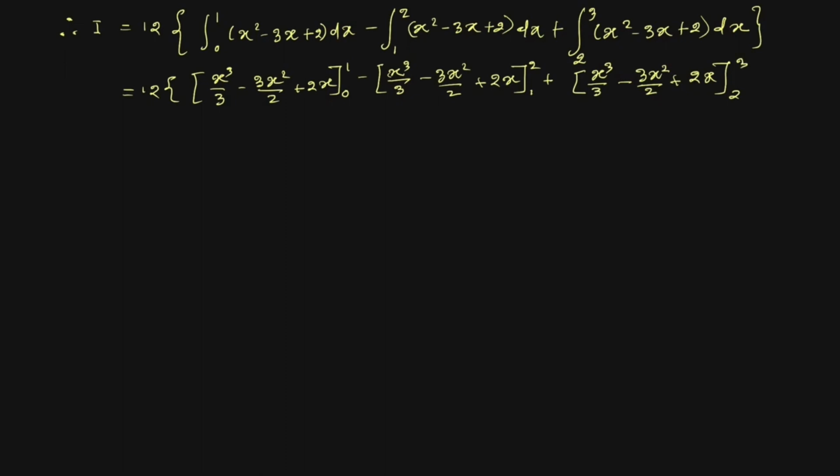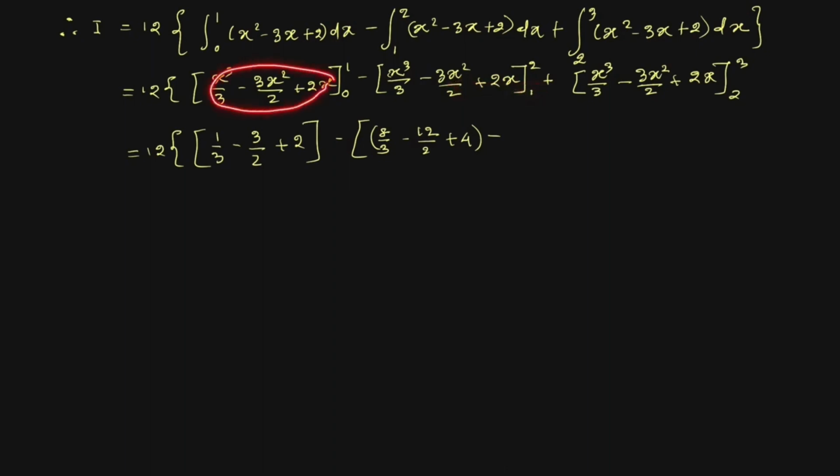So after that we put the limit, then we will get 12 times 1 by 3 minus 3 by 2 plus 2, minus, if you put the limit 2 in the place of x, then we will get 8 by 3 minus 12 by 2 plus 4. Now after that we put the limit 1 here, then we will get same as this one.